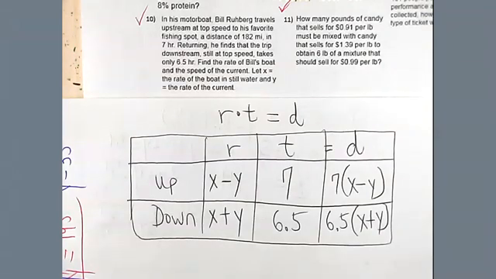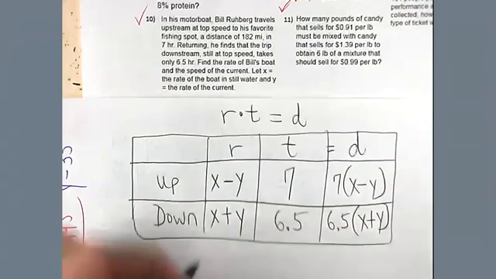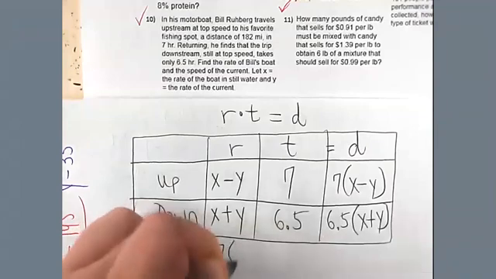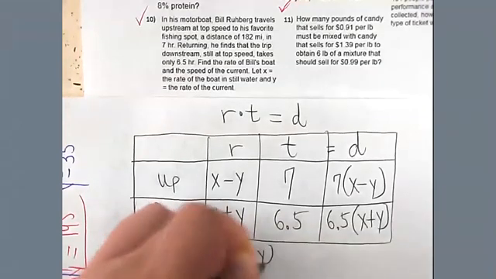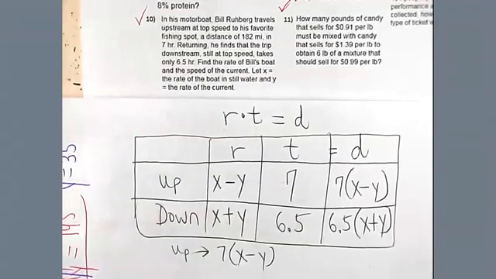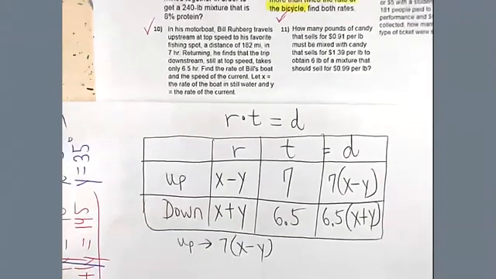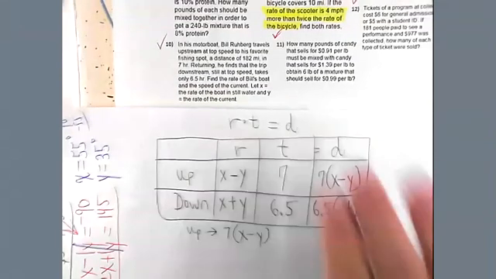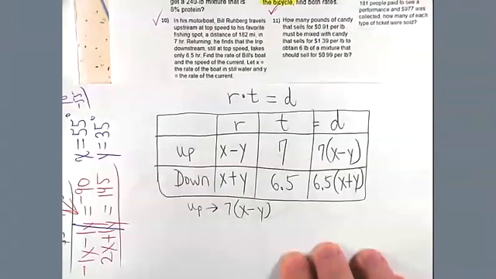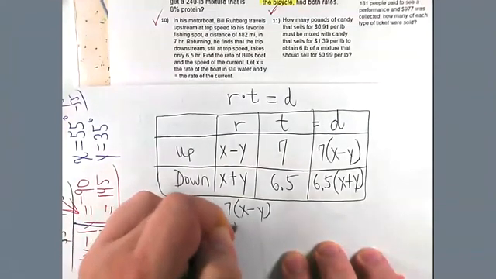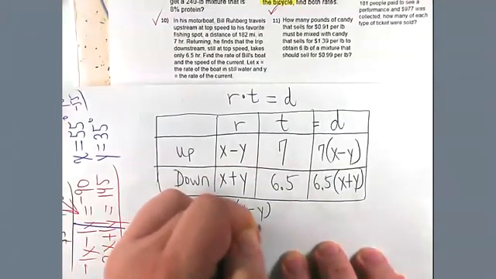Now, let's use this information to build our system. Upstream is 7 times x minus y. Downstream is represented by 6.5 times x plus y.